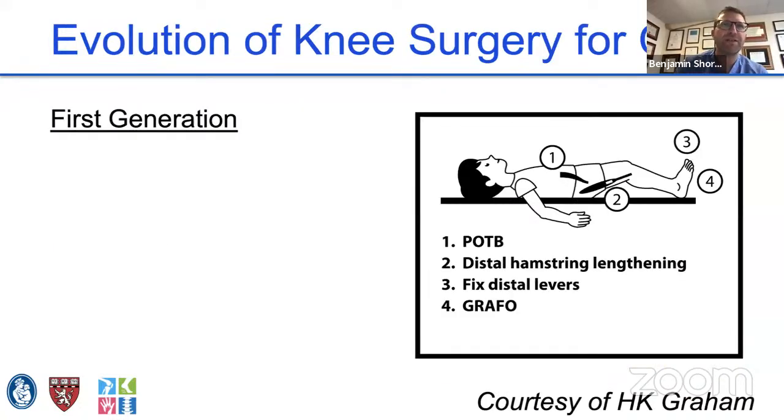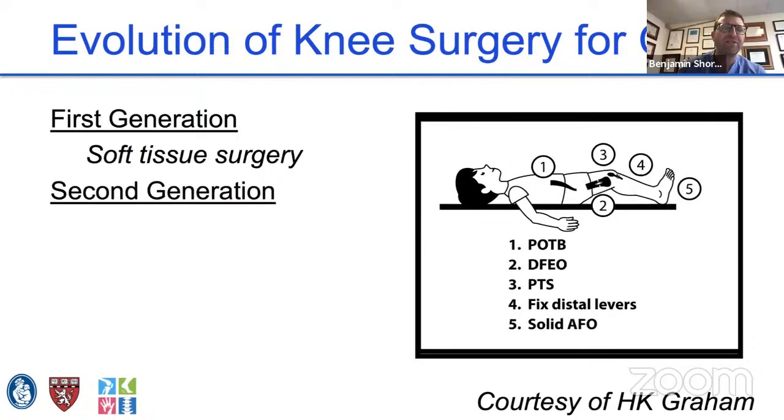So I think there's really been an evolution in knee surgery. If we think about the first generation, we did a lot of soft tissue interventions: psoas over the brim, hamstring lengthening, ground reaction AFOs. That was our first generation of knee treatment, probably in the late 90s, early 2000s. And then our second generation started to involve bony correction.